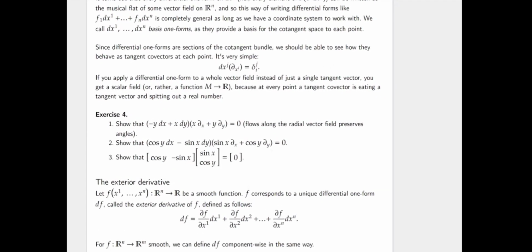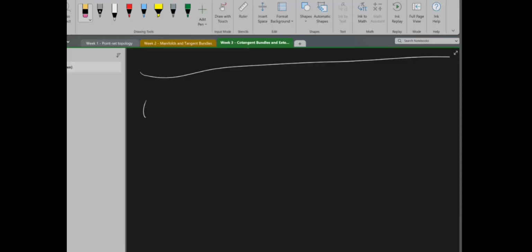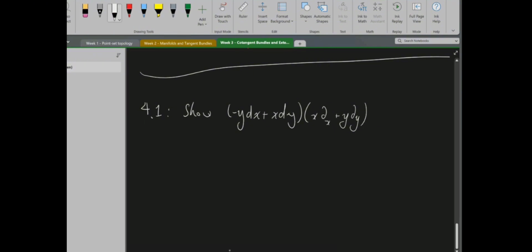Okay, this one's computational. So exercise 4. So this is number 4.1. Show negative y dx plus x dy, plugging in the radial tangent vector field, so that's x del x plus y del y, should be 0.